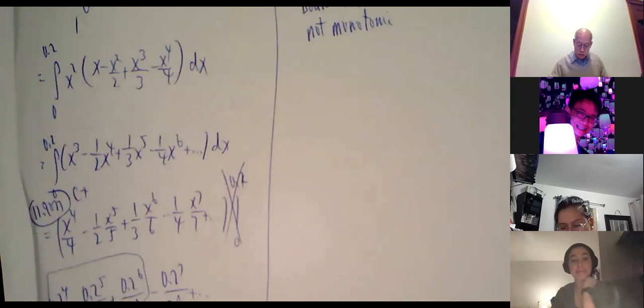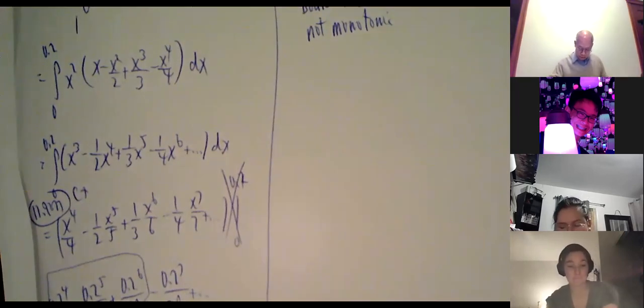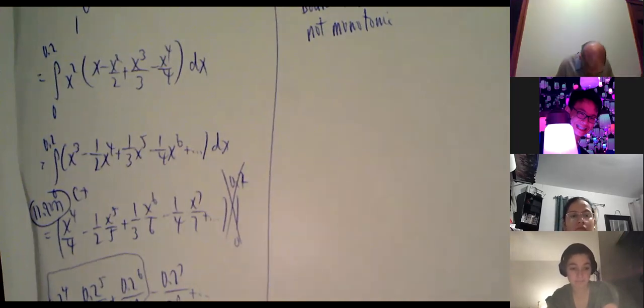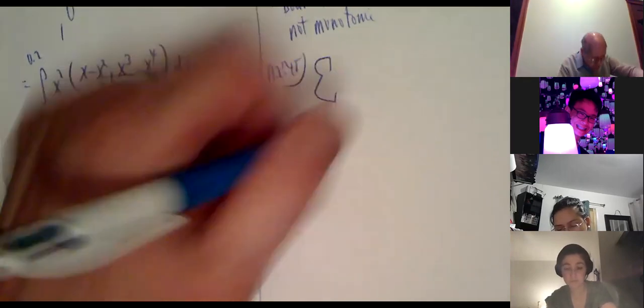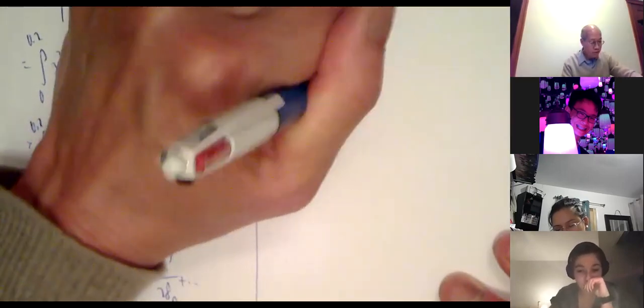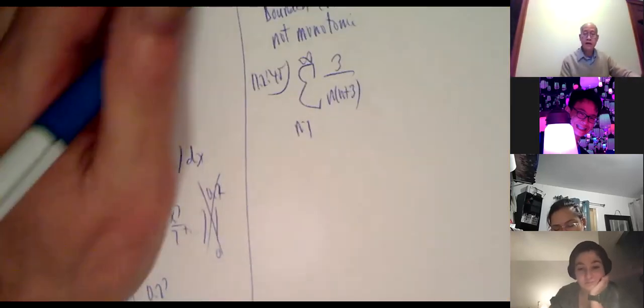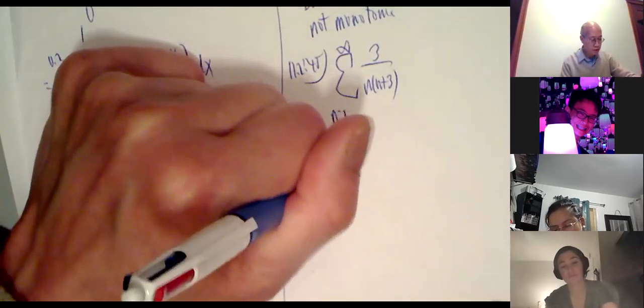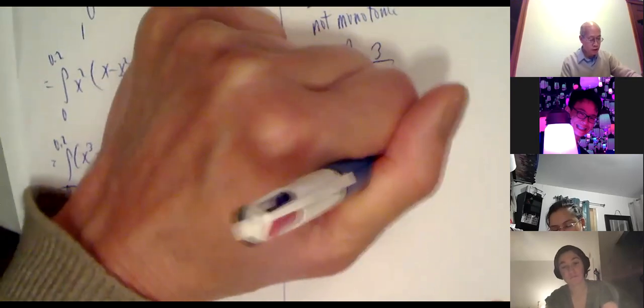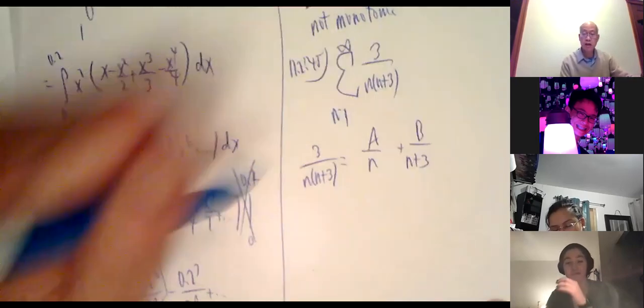11.245. Three over n times n plus 3 as a telescoping series. Okay, so I have to use partial fractions for this. So 3 over n times n plus 3 equals a over n plus b over n plus 3.